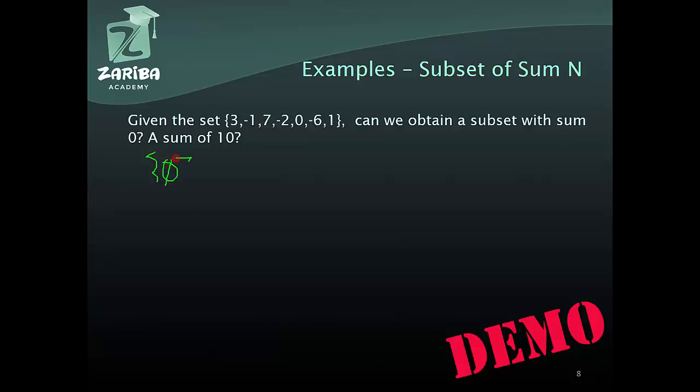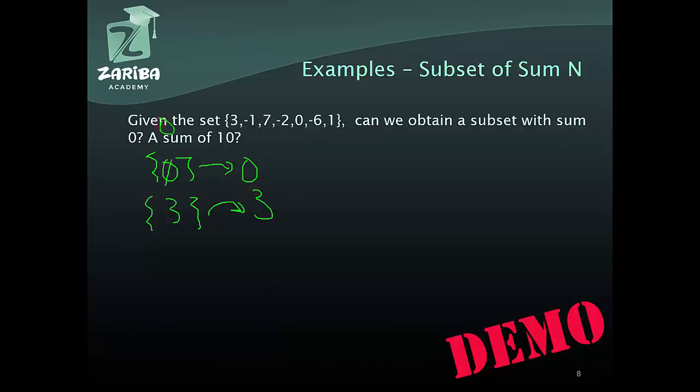How would you do this by hand, starting with the smallest sets? The first one is the empty set, which let's assume has a sum of 0. Let's add the 3 in here, and this clearly is going to have only sums with 3.